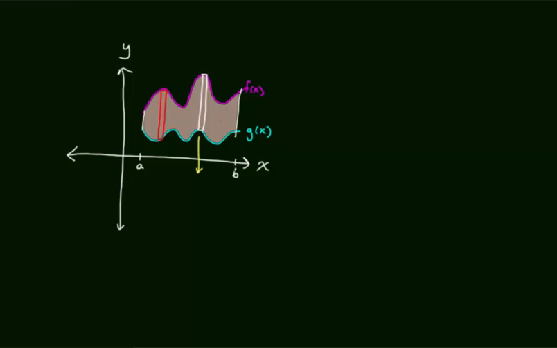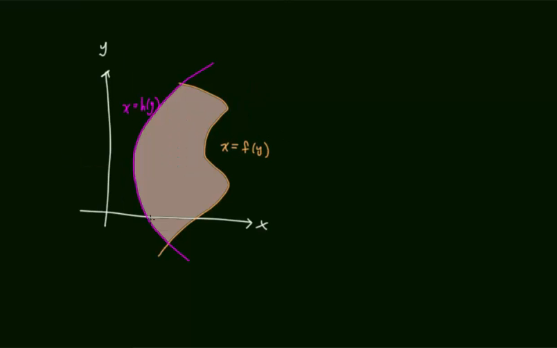A vertical rectangle rotated vertically will be with the grain, which will lead to a washer. But if I take a vertical rectangle and rotate it horizontally, that is what I like to call against the grain, in which case we will have cylindrical shells.